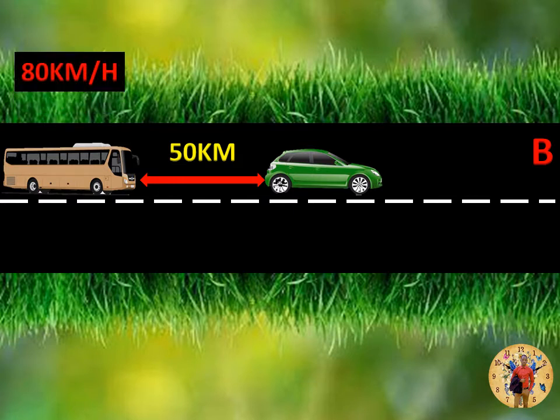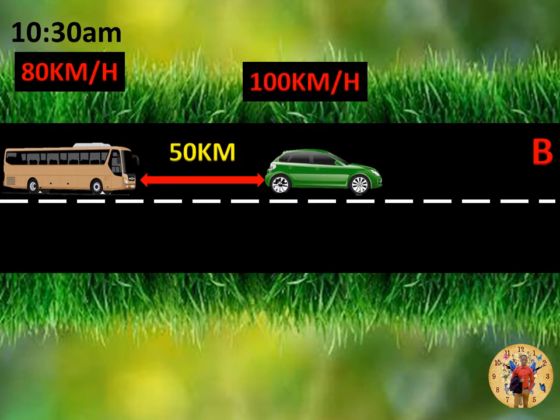The bus is moving at 80 kilometers per hour, and at 10:30 a.m. both the bus and the car are moving in the same direction, and because both of them are moving, the distance between the car and the bus is now 50 kilometers. So what do we do? It means the bus has to cover 50 kilometers for it to catch up with the car.